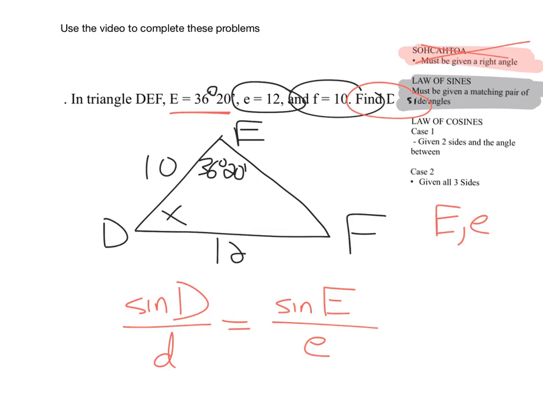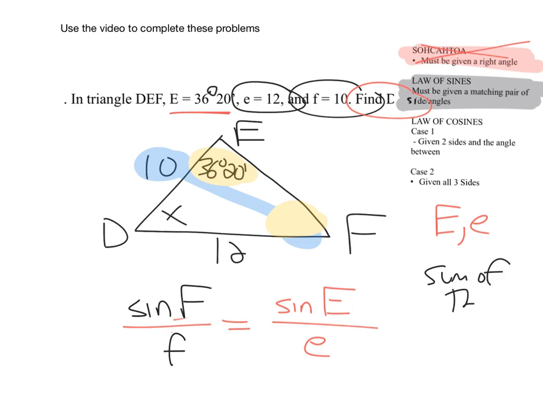But here's what we can do. Since we are also given side F, I can go about finding angle F. I could write the sine of angle F over side F. And then once I find angle F, I'll know that angle, and I'll know angle E because that's given to me, and I know the sum of the angles of a triangle is always 180 degrees.